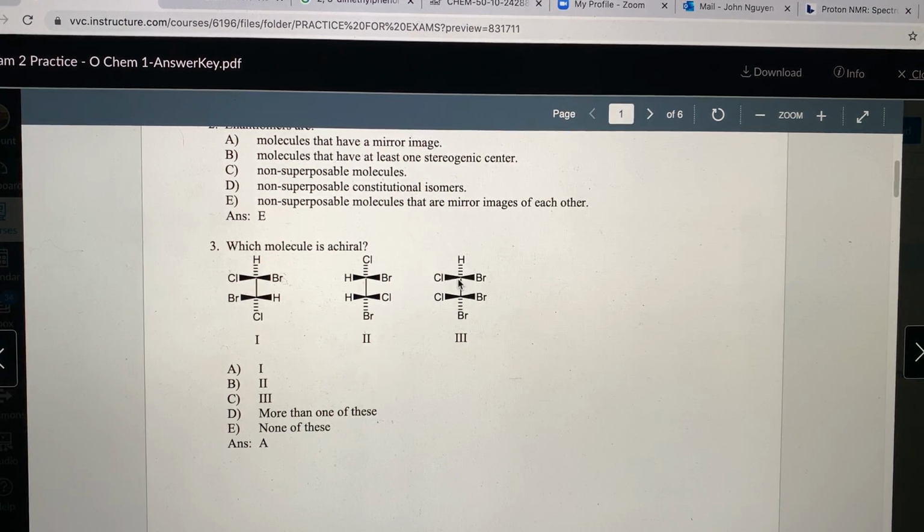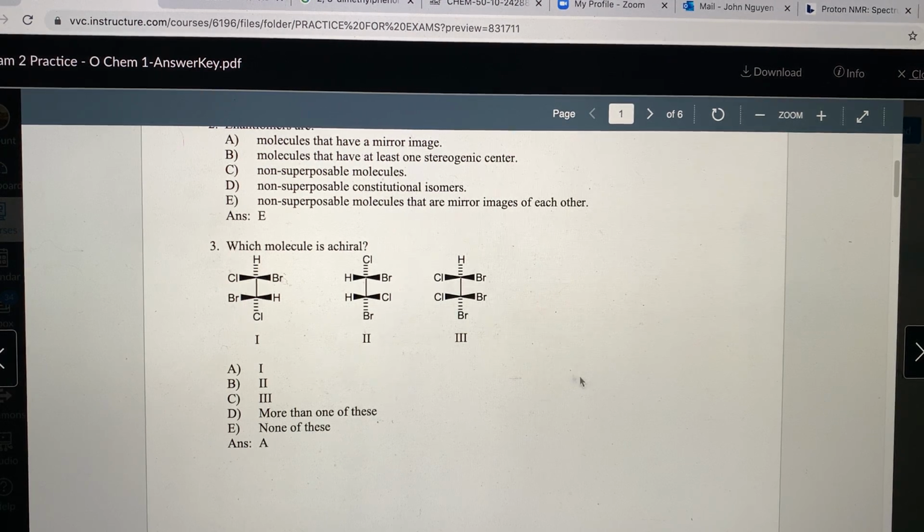So that means this molecule has only one chiral carbon. Therefore, it's automatically chiral. So 3 is chiral. This is chiral because it's RR. And this one has only one chiral carbon. So both 2 and 3 are chiral, leaving the first one achiral because of the cancellations.